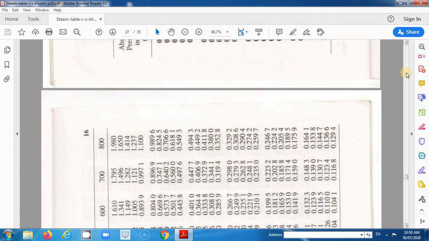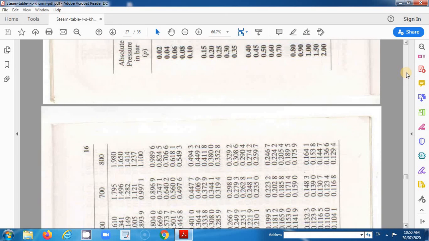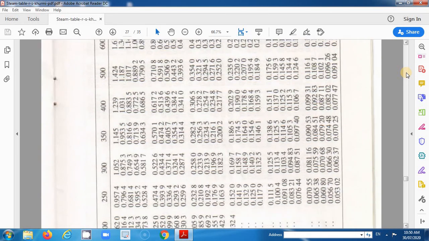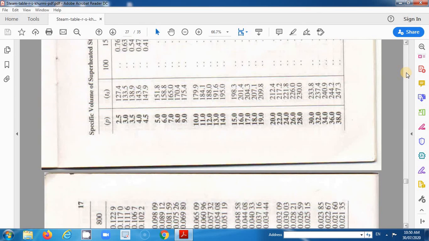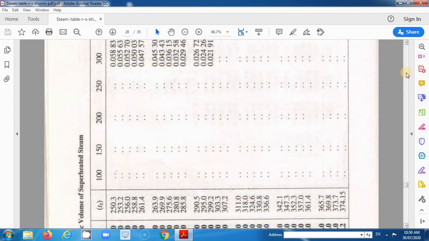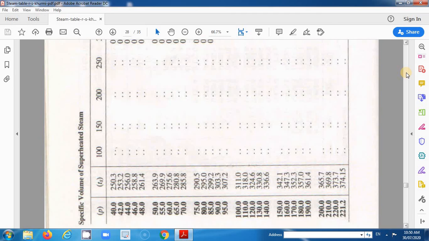This table starts from 0.02 bar pressure, and I think it ends again with the critical pressure and critical temperature. Because we know that at the critical point there is a sudden change of water to steam, and this is something about this steam table.